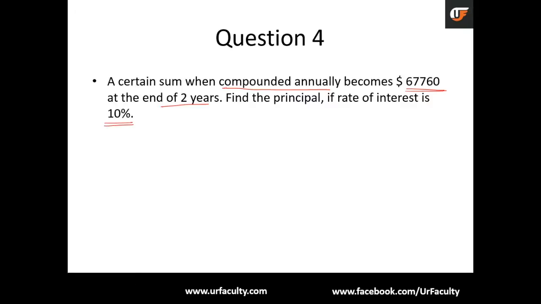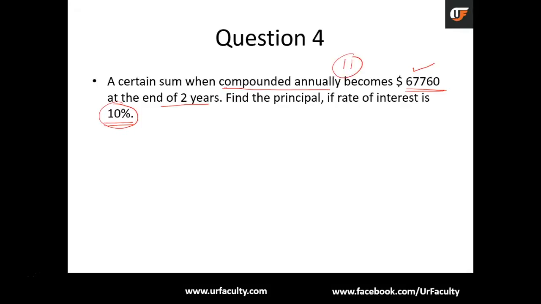In all these problems, one thing that you have to note, if it is compounded annually and the rate is given as 10%, the bigger number, the amount or principal, would actually be a multiple of 11. Why is that so?